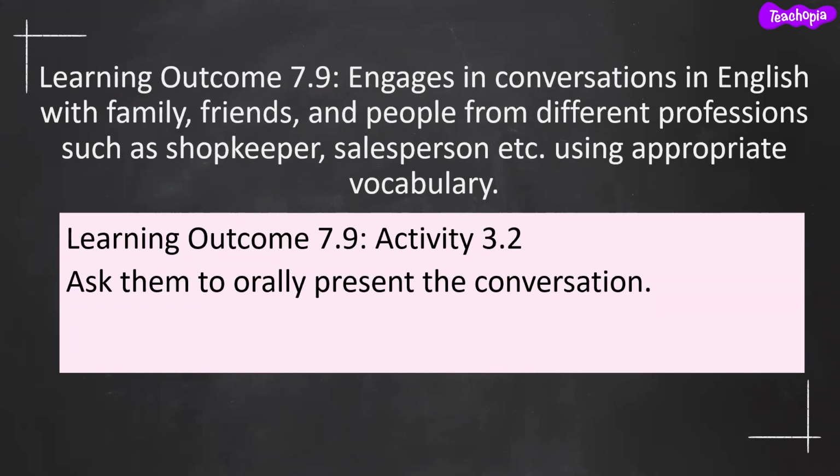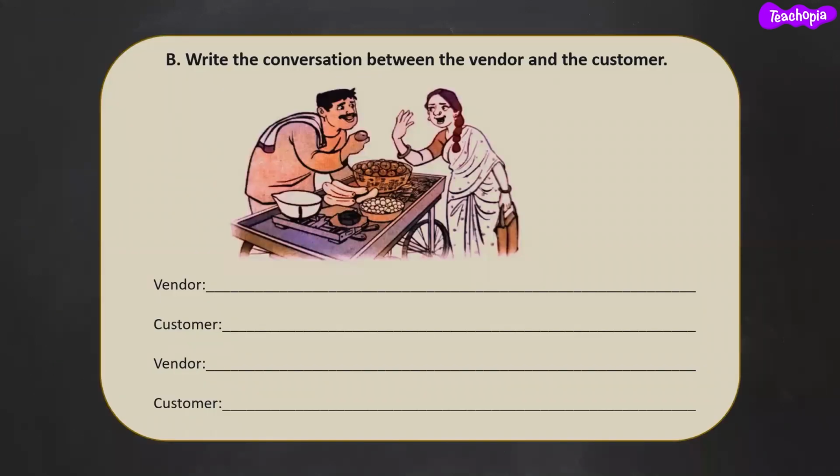In this activity, you have to conduct an activity called conversations in the class. In conversations, you have to teach students to use vocabulary. So how do you help the children use vocabulary while conducting the activity conversations in the classroom? So let's take an example of this particular activity from LO 7.9, activity 3.2.